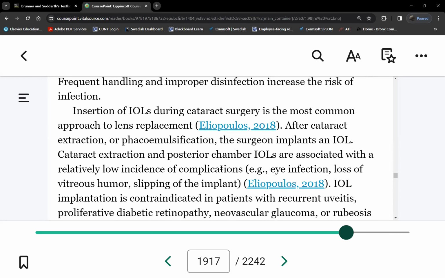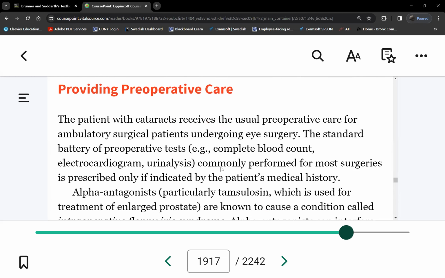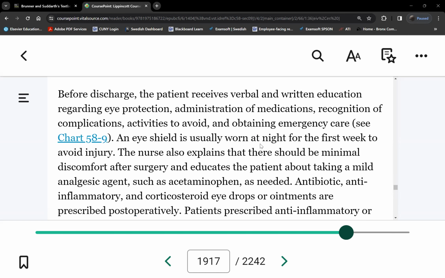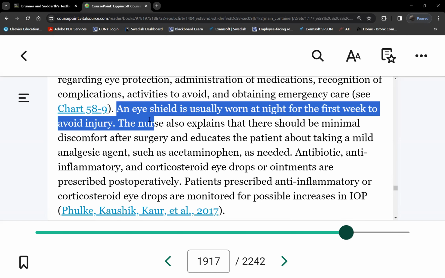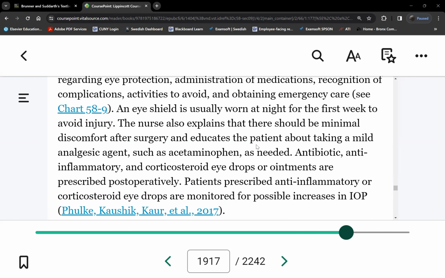immediate post-op care. The patient will be wearing an eye shield, especially at night, for the first week to avoid, again, scratching or rubbing the surgical eye. Then for pain, they'll be given medication depending on how bad the pain is. But usually, the pain is mild.